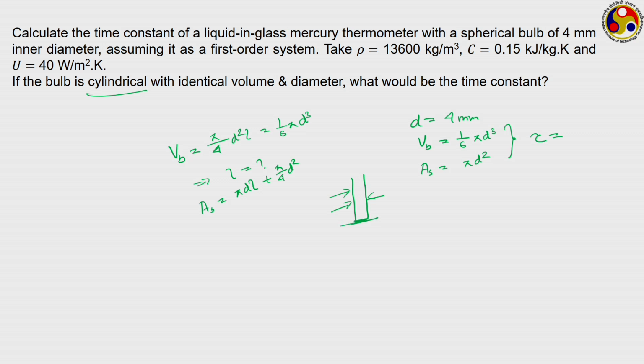So, using this you can calculate both the cases. I am giving you the final numbers. Tau will be 34.7 seconds for the first case with spherical bulb, and for the second case tau will be equal to 37 seconds. So, quite similar to each other, only a small difference.